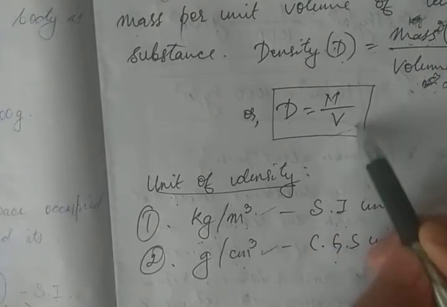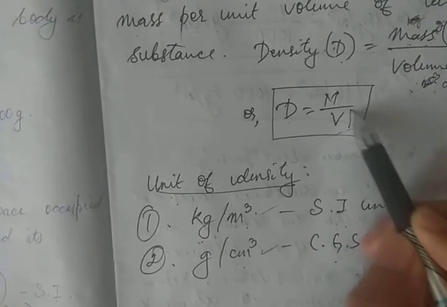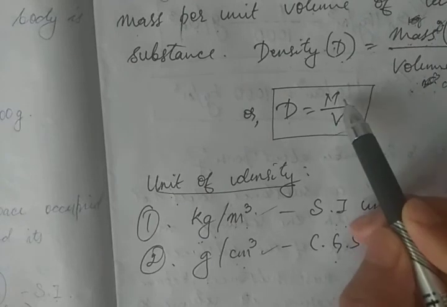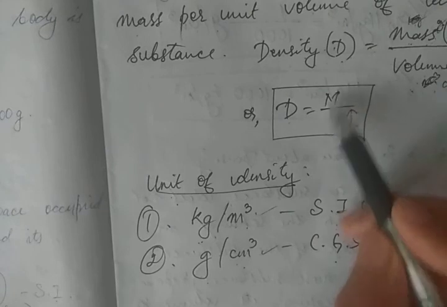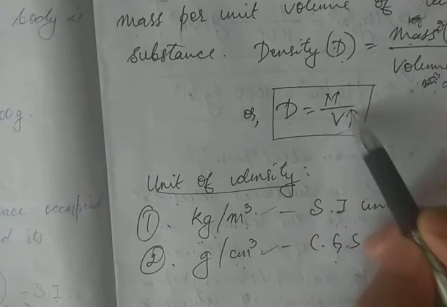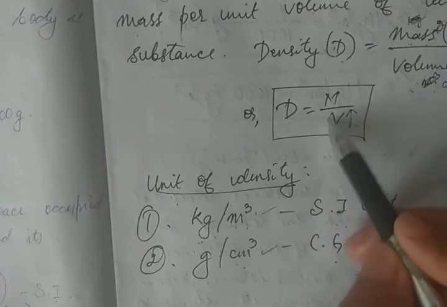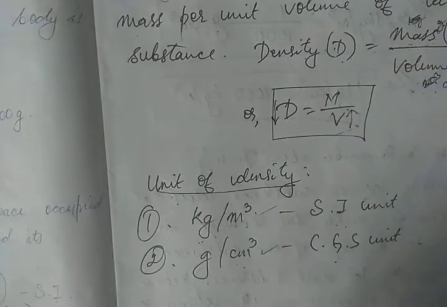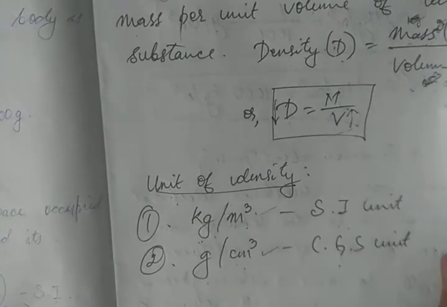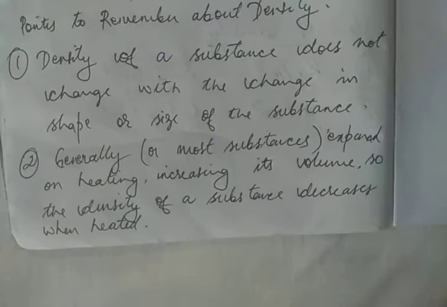When the denominator, the volume, goes on increasing, mass remains the same. Its mass is not going to change, but its volume is increasing, so the density goes on decreasing. So when we heat a substance, its volume increases, and thereby its density decreases.